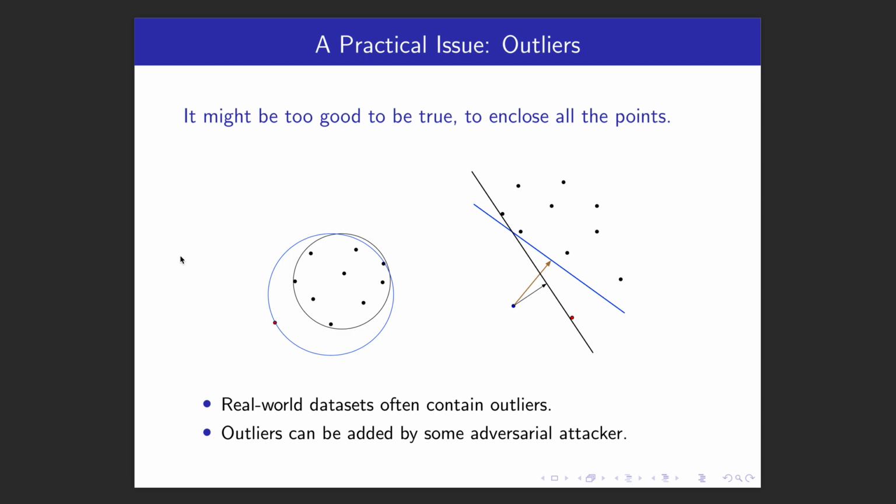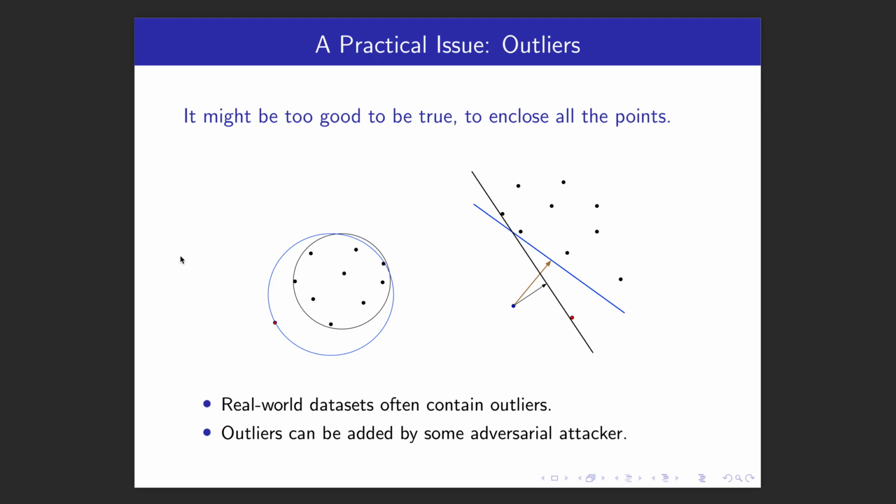But in reality, we often need to consider outliers. For many real-world data sets, they often contain outliers. Even one single outlier could significantly change your result. And also in some scenarios, like for SVM, we want to train a model for classification, but some attacker may want to change your decision boundary, right?